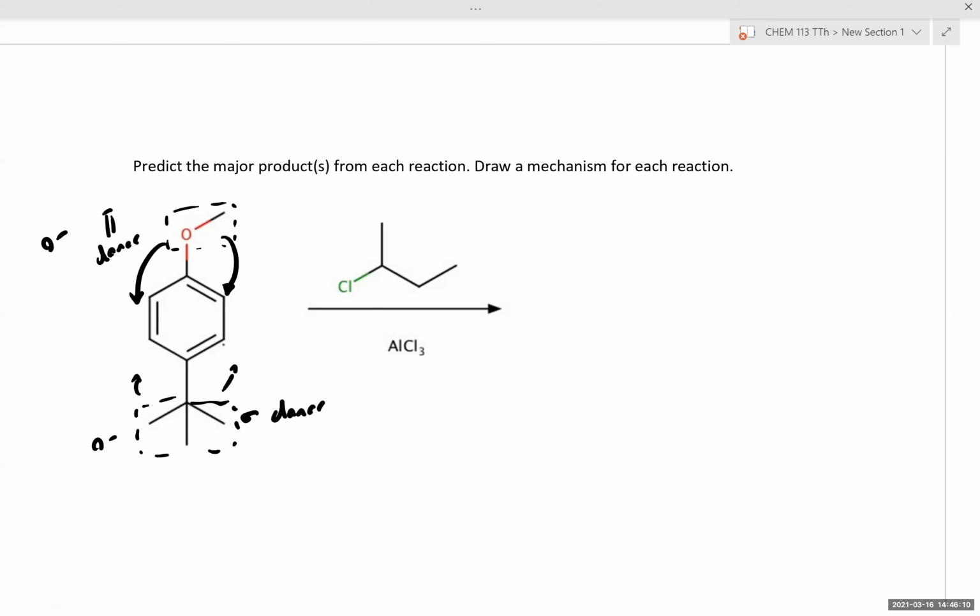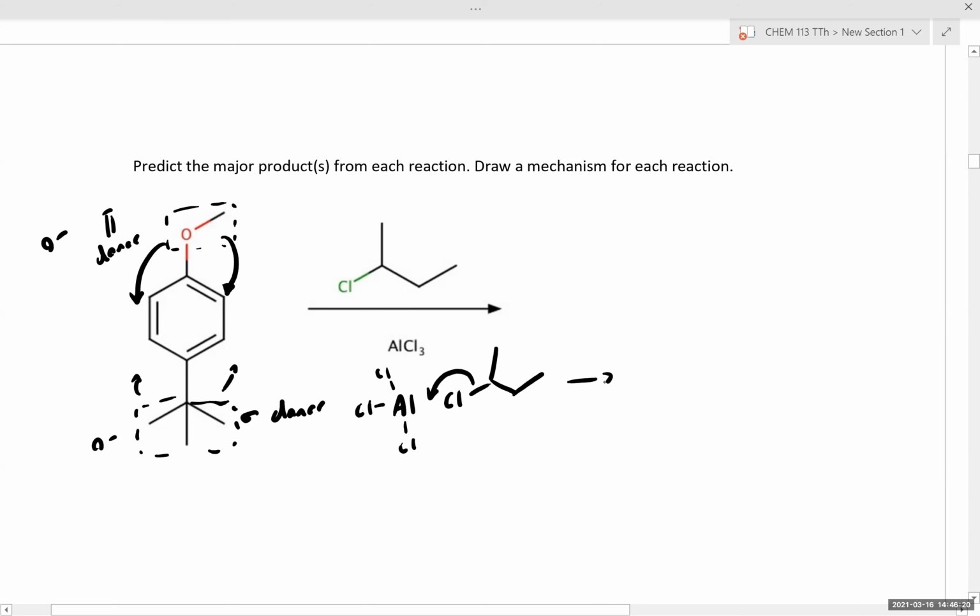So in our first step, we need to generate our electrophile. Aluminum trichloride is going to facilitate the loss of chloride and ionization to make a carbocation. Now, my question to everyone then becomes, is this carbocation one of the more stable carbocations that we can generate?